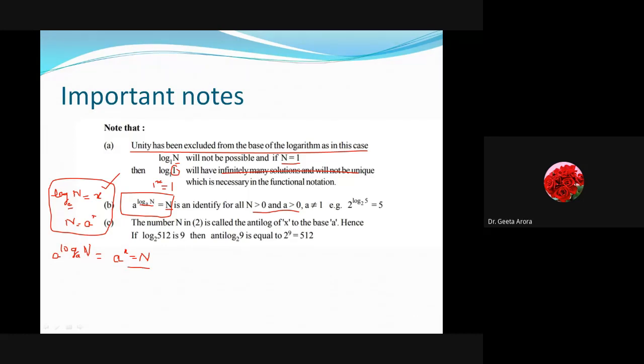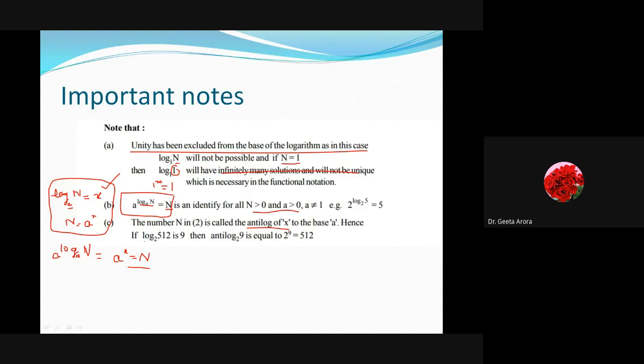Correct? Now the next definition we are getting is anti-log. Normally when we have taken log of some equation to solve it, then in order to get back the solution, we take the anti-log. Correct? So here we are talking about the same thing: n is called the anti-log of x to the base a.